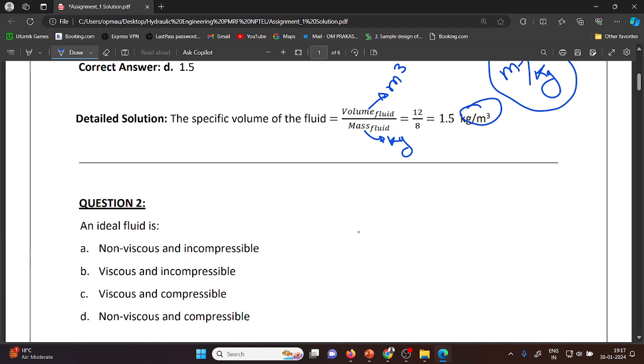Please guess, then I will tell the answer. Take one or two minutes for that. Option A is non-viscous and incompressible. Option B is viscous and incompressible. Option C is viscous and compressible. Option D is non-viscous and compressible.